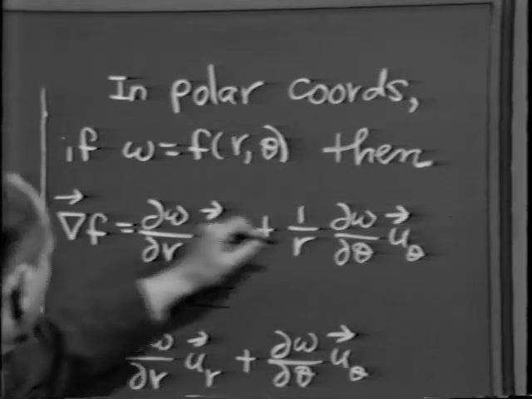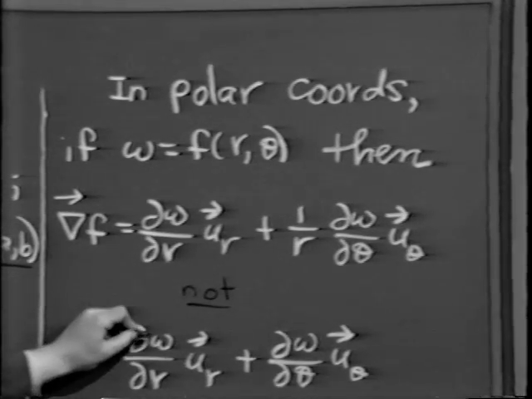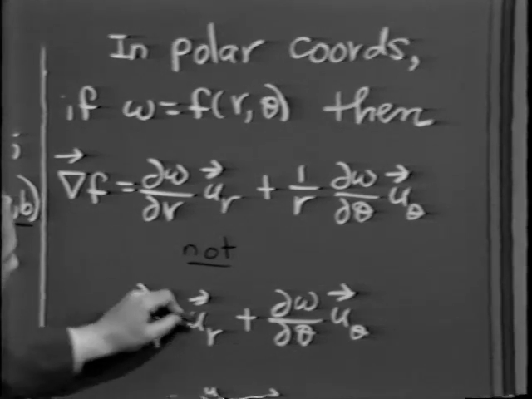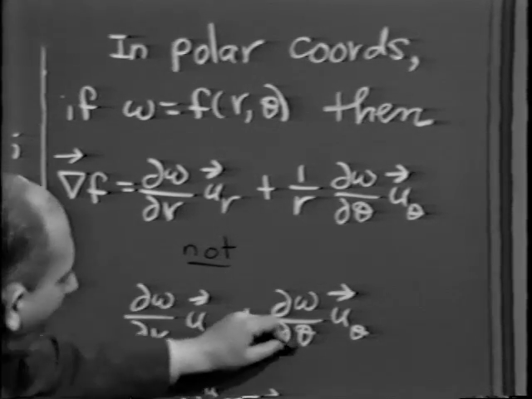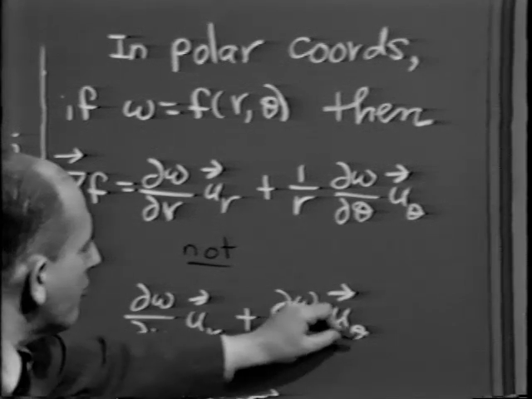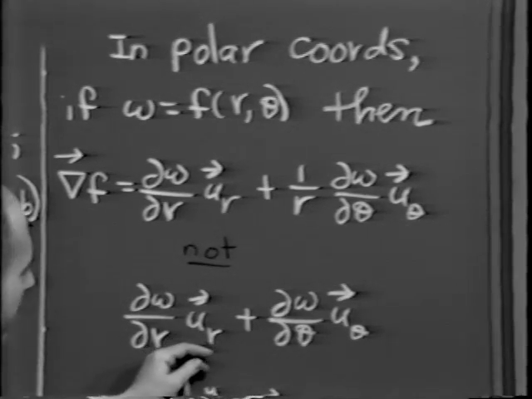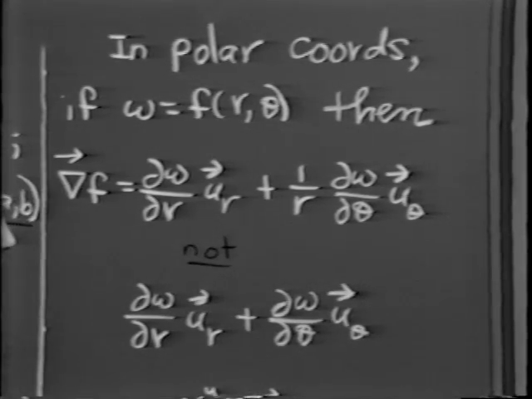In other words, the gradient vector is not the partial of w with respect to r times u sub r plus the partial of w with respect to theta times u sub theta. In other words, you don't just mechanically differentiate with respect to these variables.